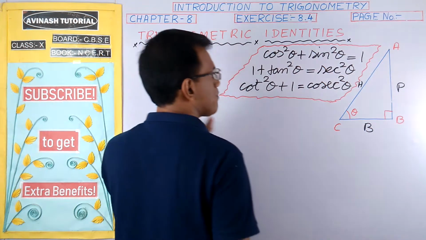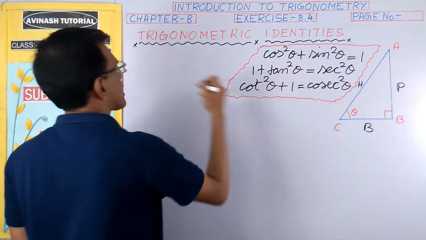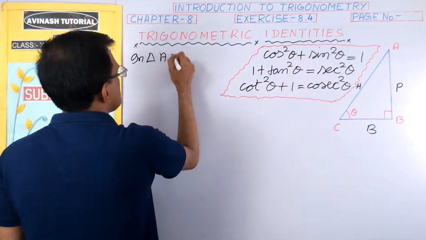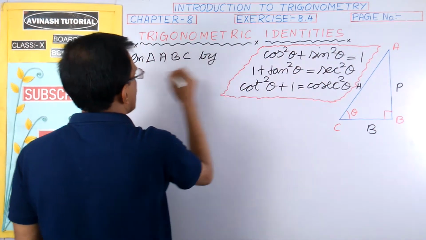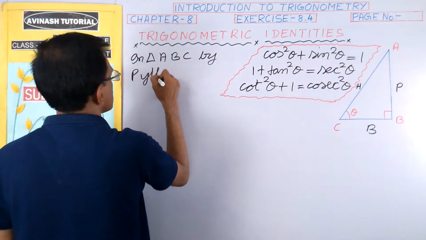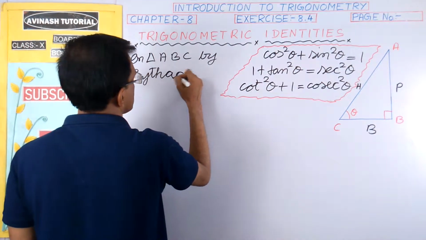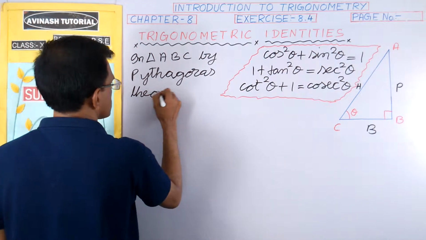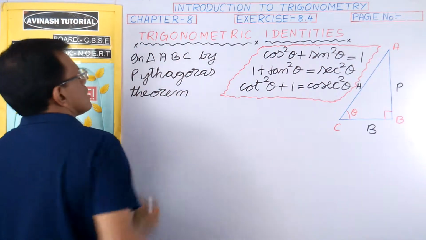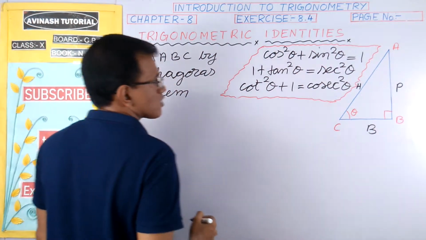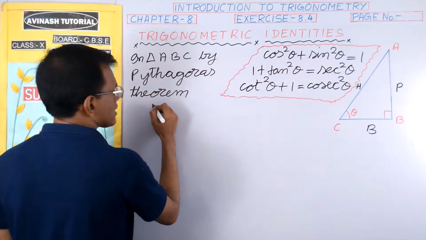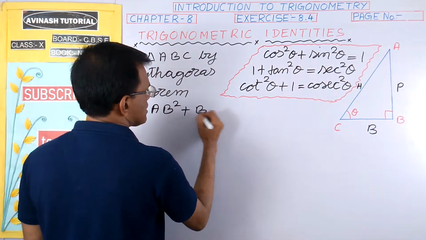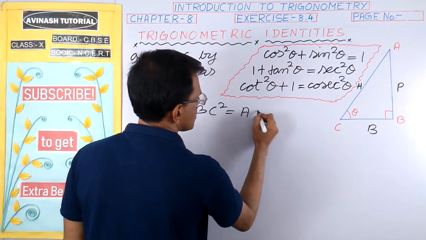Now let us apply Pythagoras theorem to this triangle. In triangle ABC, by Pythagoras theorem, what will we get? We will get AB square plus BC square is equal to AC square.